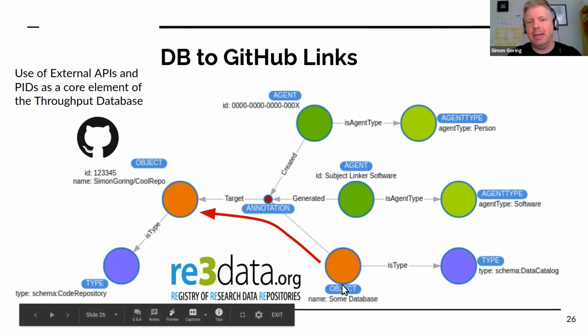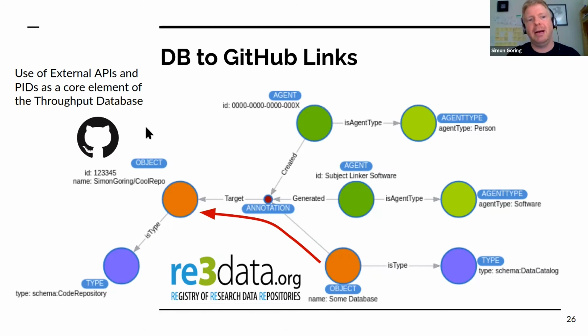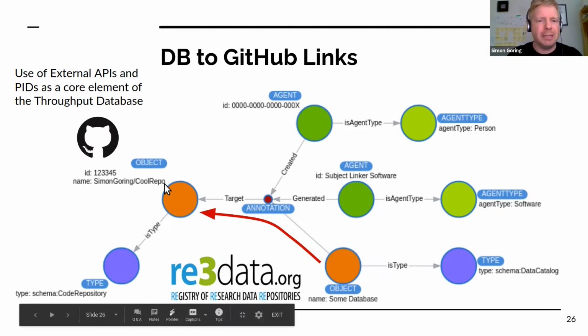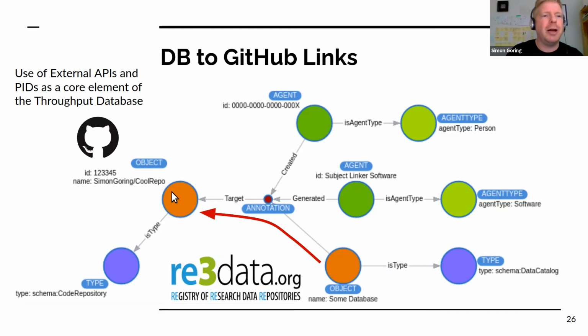And so as we start building these up, we are able to access information from re3data to get some metadata about the database. And we can get some information from GitHub using their API to increase our knowledge about the nature of this link and just to link this and make it accessible. We've really tried to use external APIs and persistent identifiers within our graph.